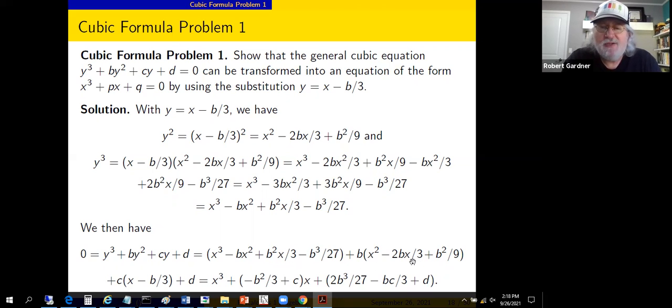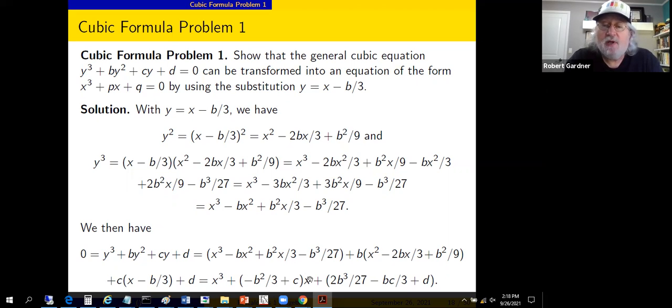Combine these two, that'll give us negative 1 b squared x over 3. Oops, there it is, negative b squared x over 3. Negative b squared over 3, here's the x on the side. So the books do balance. All right, combine these two and that produces this term. Here's a cx term right here.